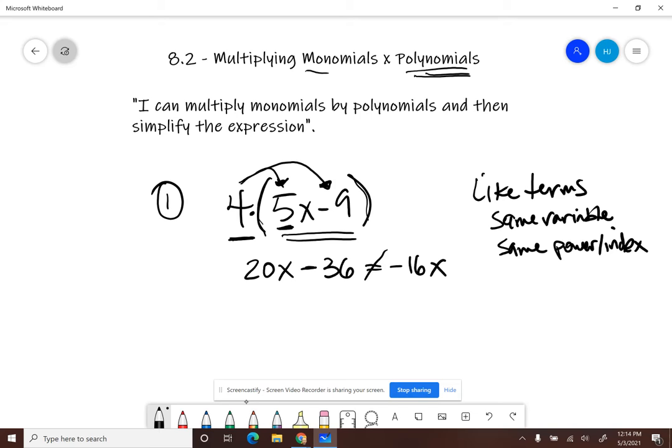This term here, which I'm circling in blue, has an x with it. However, this term, negative 36, does not have an x with it. Those cannot be combined because this one has a variable and this one does not. So I would have to leave my answer the way it is. 20x minus 36 would be my answer.